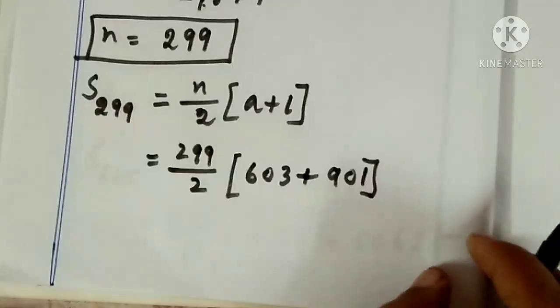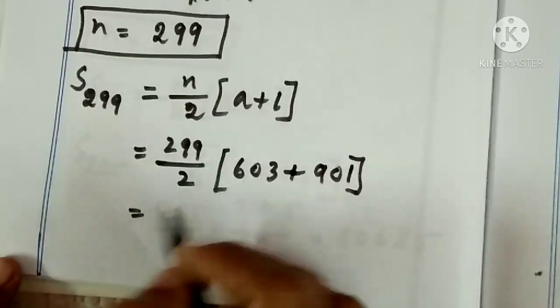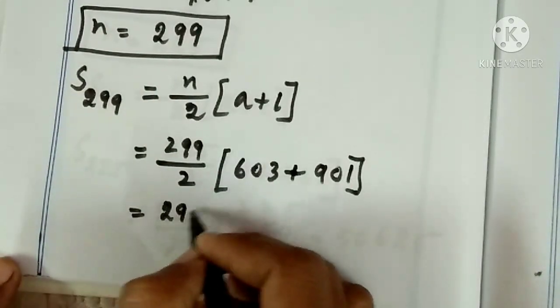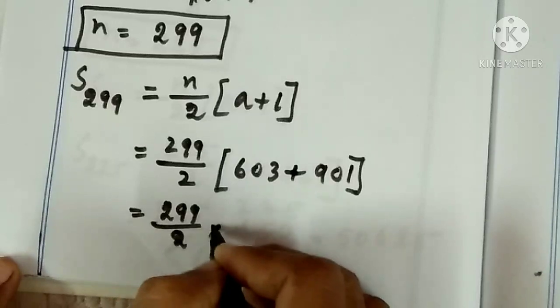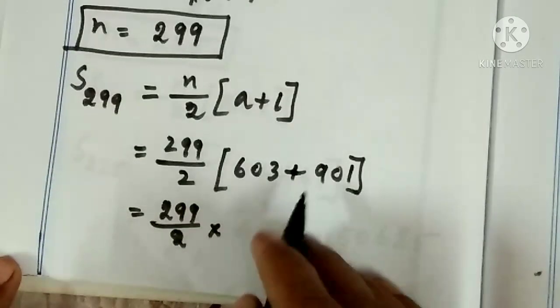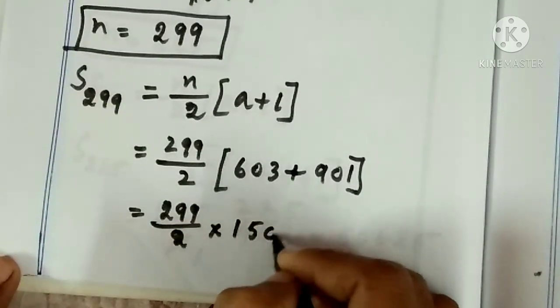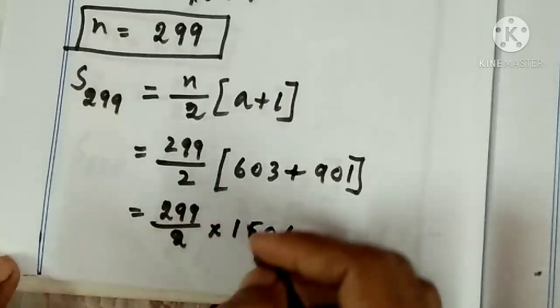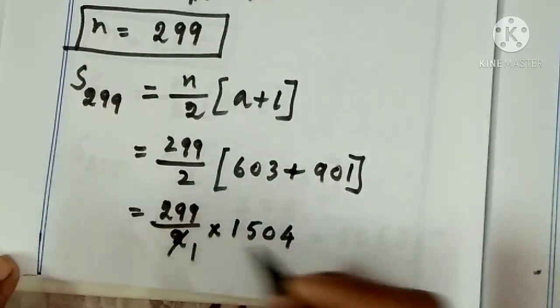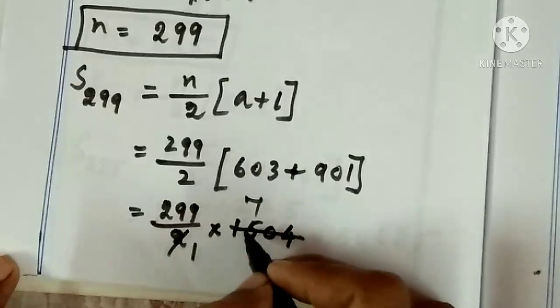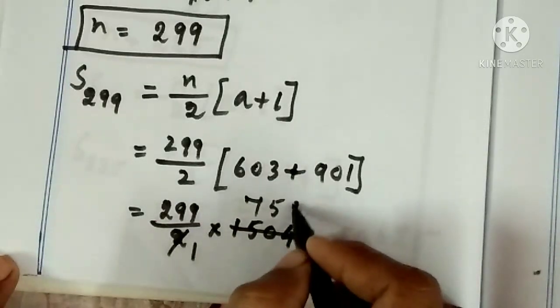Now you have to simplify this, means we get 299 by 2 into, adding these two numbers we get 1504. Now you have to cancel this by 2 table. 1 2 is 2, 7 2s are 14, 5 2s are 10, 2 2s are 4.